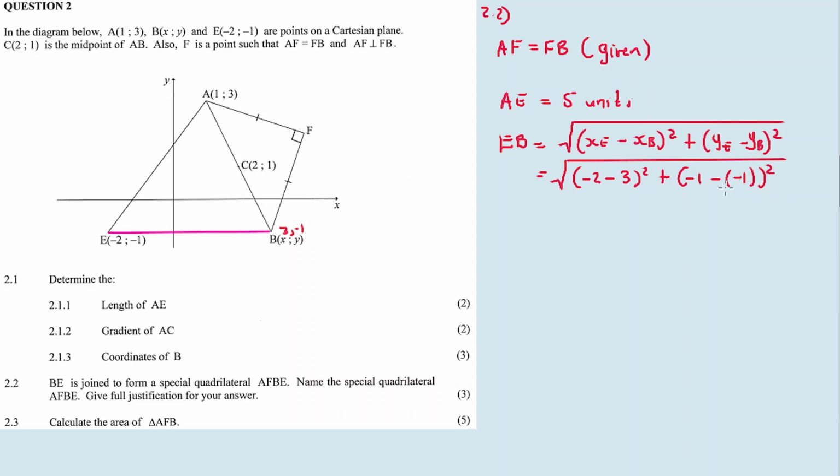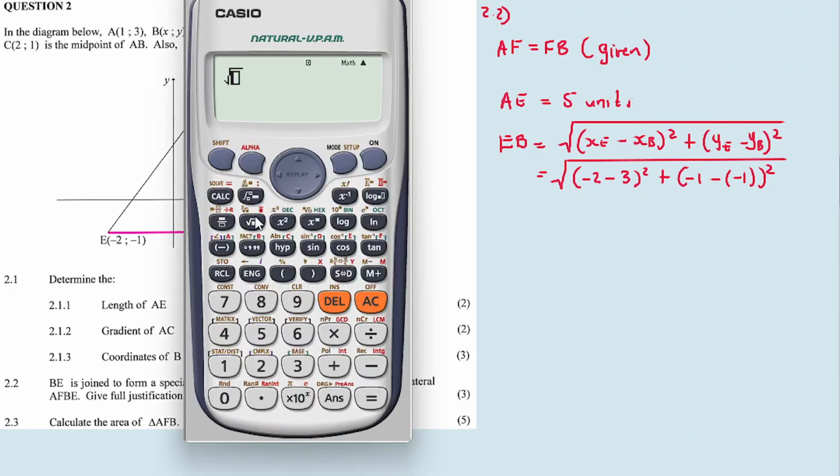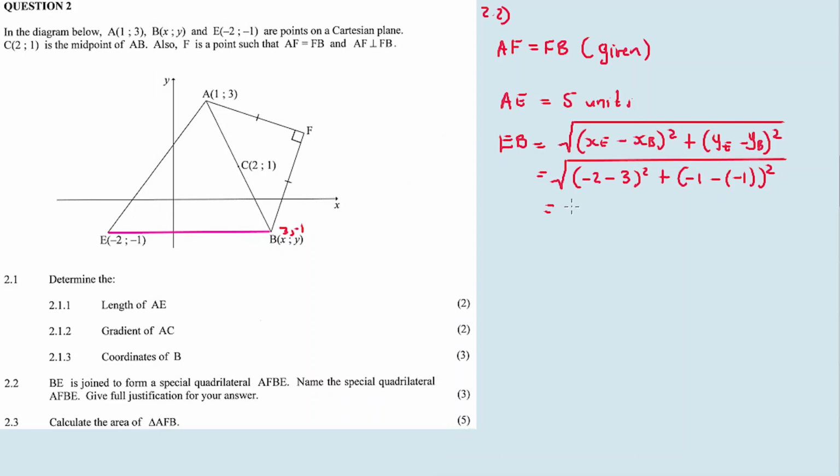If ever you have a negative number and you want to substitute it after a negative sign, always put it in brackets. Now we calculate: negative 2 minus 3 squared plus negative 1 minus 1 squared, that gives 5 units.